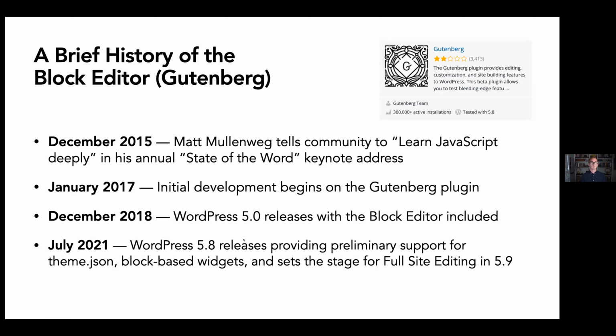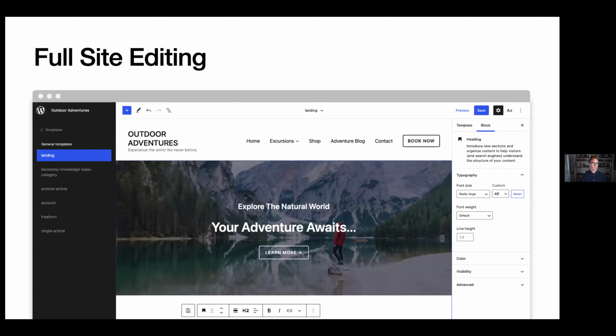Okay, so what is full site editing? I doubt many people are actually using full site editing at this time. It is really the bleeding edge of WordPress, and in order to use full site editing functionality, you need to have the Gutenberg plugin installed. In the past couple of screenshots, we were looking at the homepage for an outdoor adventure company. Full site editing takes all the standard functionality of WordPress, like headers and templates and the page itself, and brings it into one editing interface.